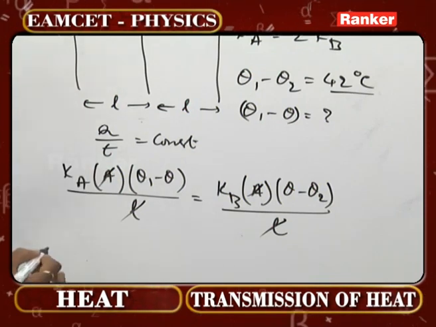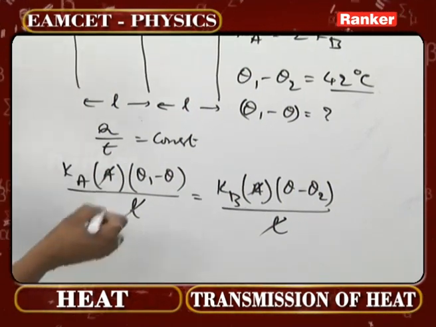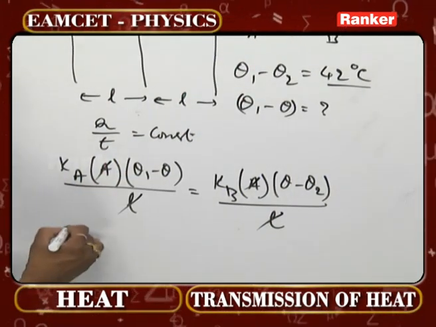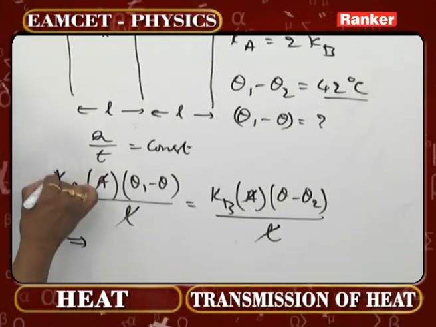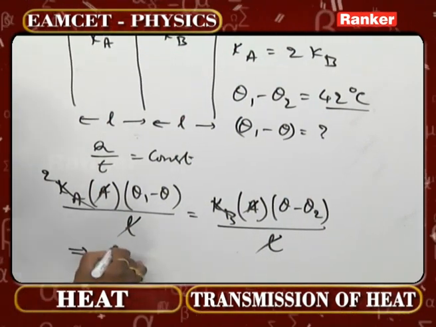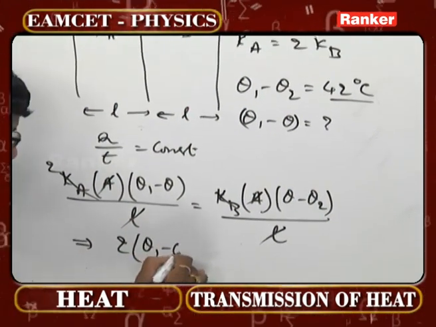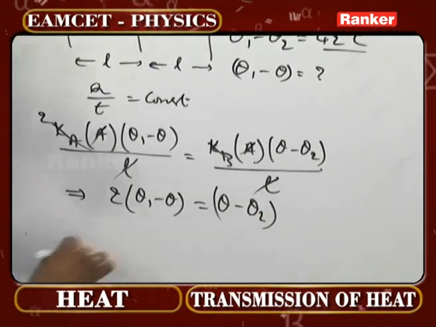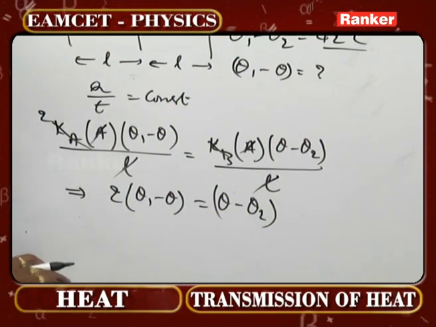Once again, he did not mention that the areas are different. And another thing is Ka is equal to twice Kb. Then what will you get here? This gets cancelled and it will be 2 times. So what can you write? 2 times (theta 1 minus theta) is equal to (theta minus theta 2). That is the equation we are ultimately getting.